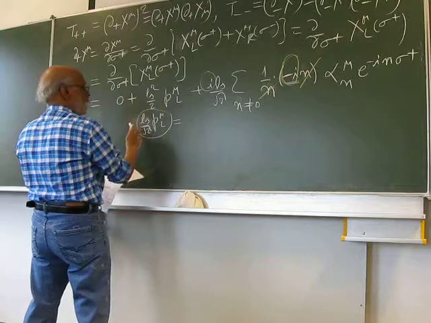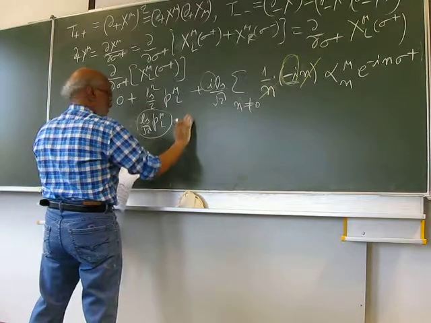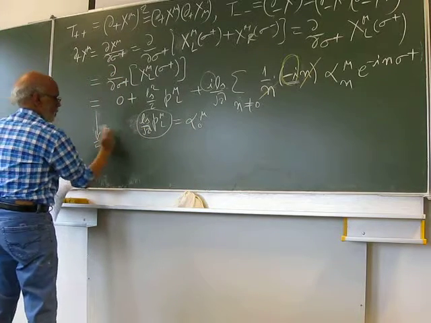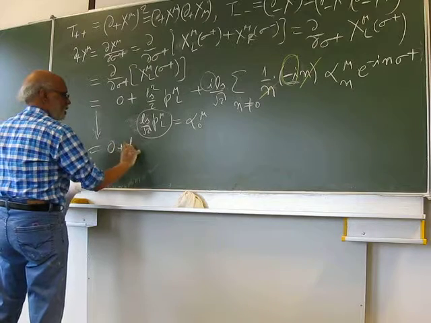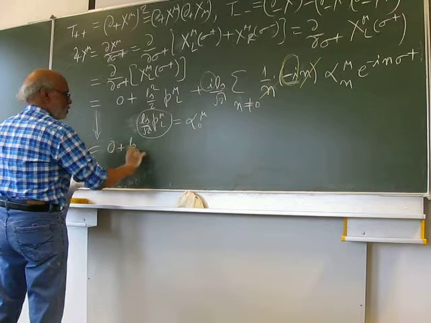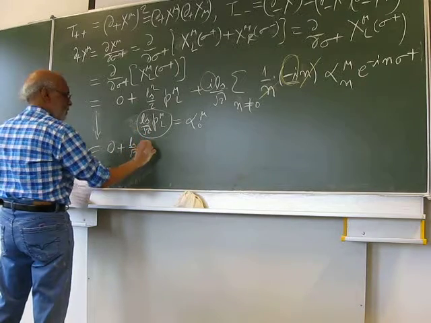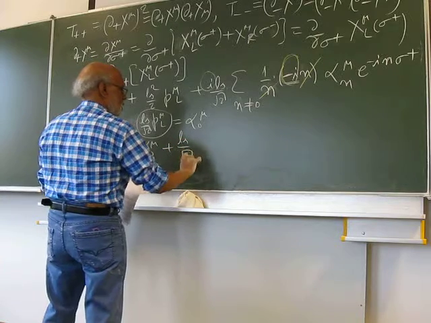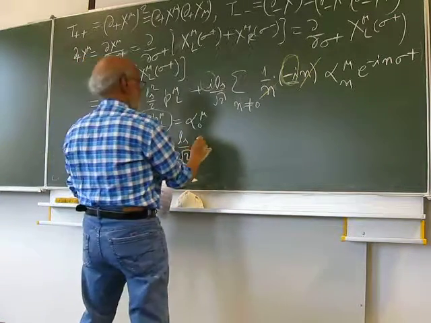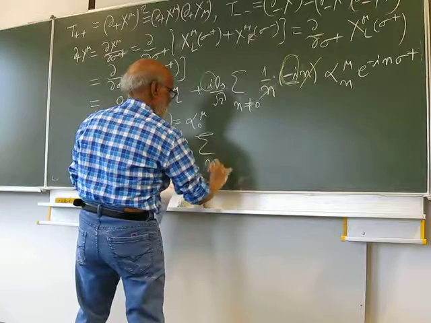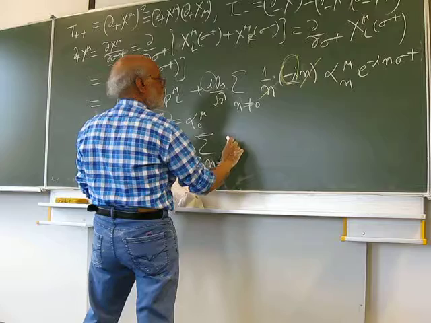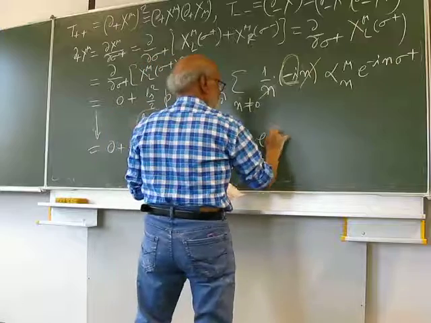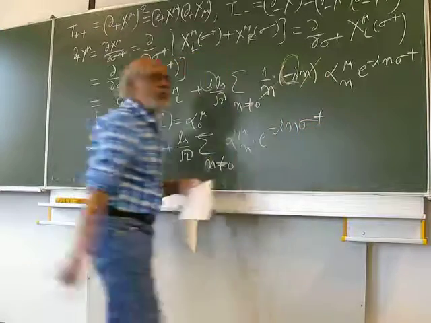Okay, so this I can write as alpha 0 mu, so 0 plus ls by square root of 2 I can separate, and alpha 0 mu plus ls by square root of 2 sum over n not equal to 0, this goes alpha mu n and e to the power minus i n sigma plus.